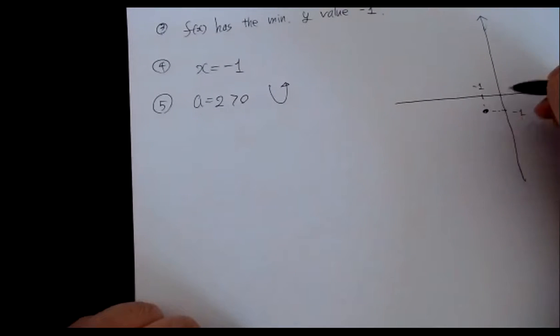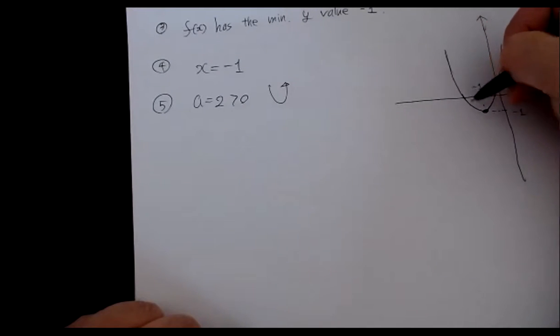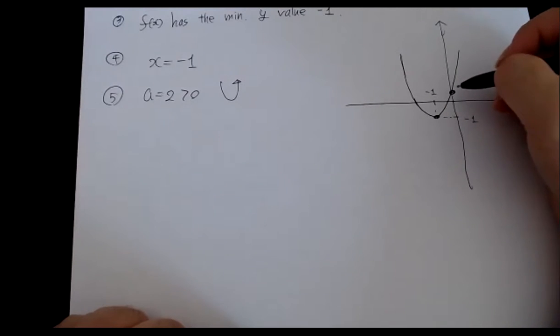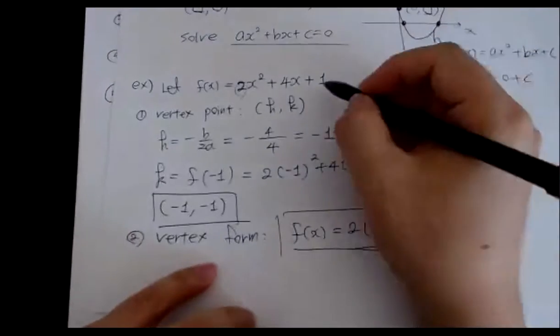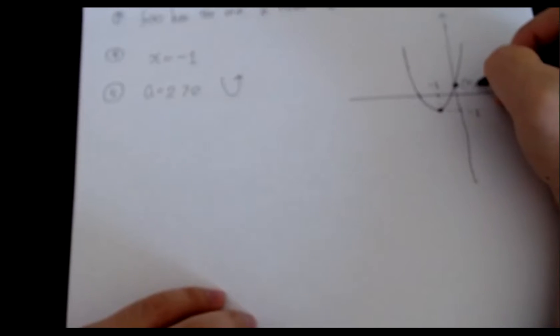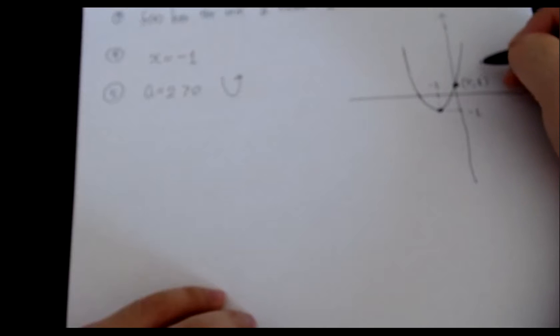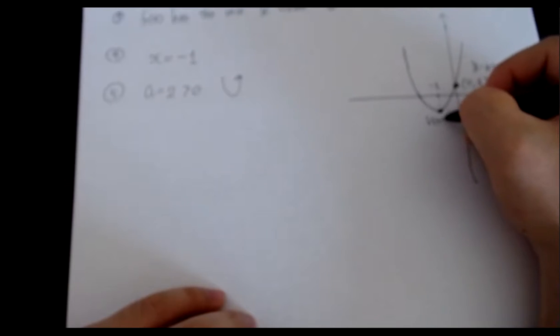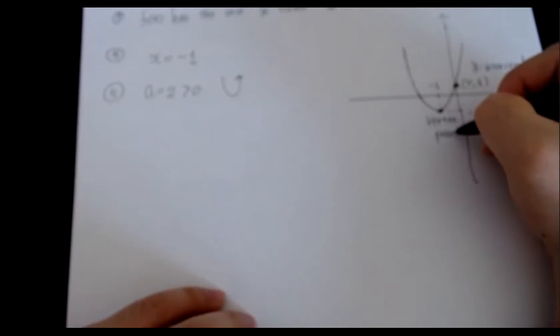So it must be like this. And then we can figure out the y-intercept by looking at the constant term in the general form, which is 1, right? So (0, 1) must be the y-intercept. And this is the vertex point right here.